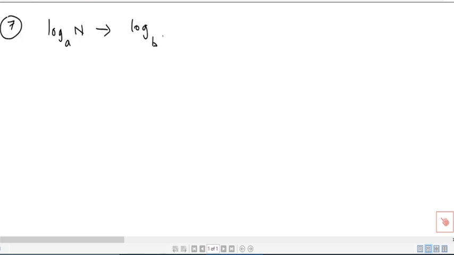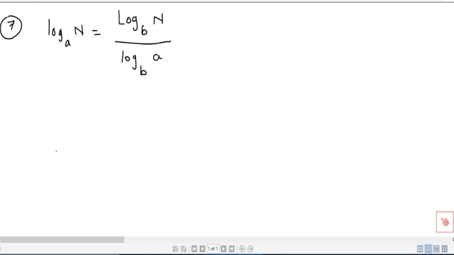See, this thing will be converted like this. It will be equal to the new base b. We want to convert it to new base b. Then we will get log at base b of n over log at base b of a. Simple.